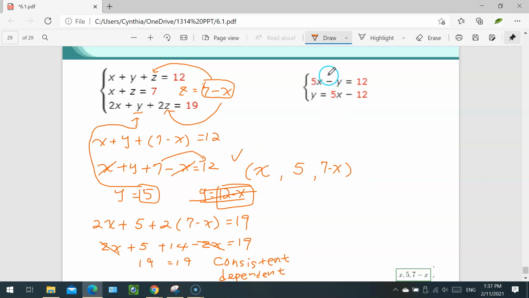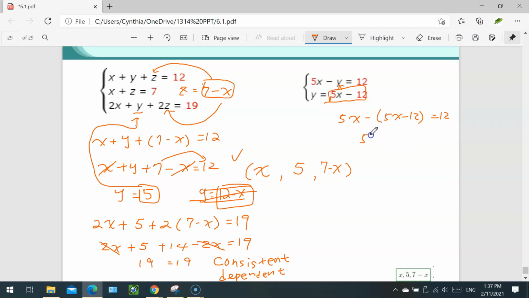We do one more. This example, we have 5x minus y equal 12. And on the second equation, it gives us y is 5x minus 12. So we can use the substitution to plug back into the first equation. So you have 5x minus (5x minus 12) equal 12. This is y, right, from the second equation.